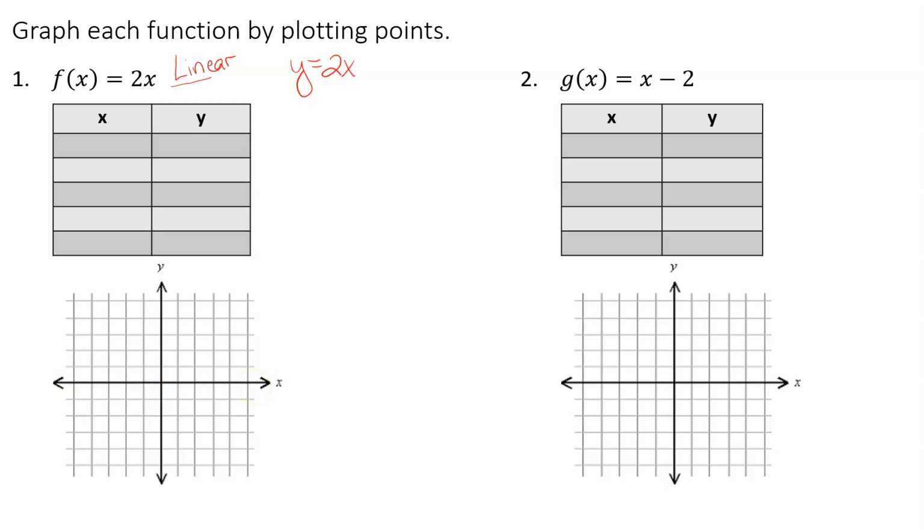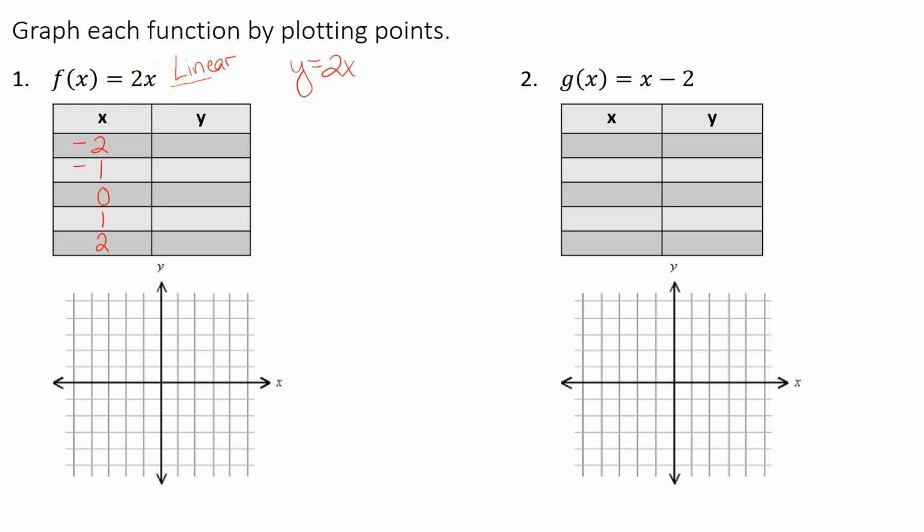So a good choice usually is to choose x to be -2 all the way through +2. If you're not sure, I would start with those, and then once you start substituting, you may decide you need some different x values, but that's always a good place to start. So what you do then is just plug those into x in your function.